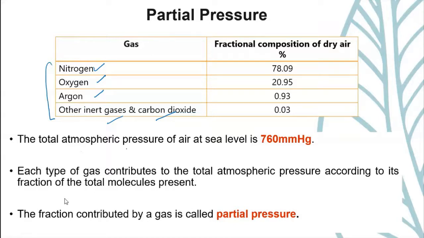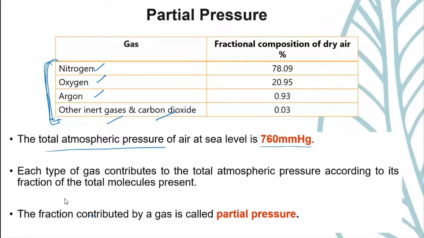So the total atmospheric pressure at sea level is 760 millimeter mercury. This is the total atmospheric pressure exerted by these gases. Okay, 760 millimeter mercury. So each type of gas contributes to the total atmospheric pressure according to its fraction of the total molecules present.